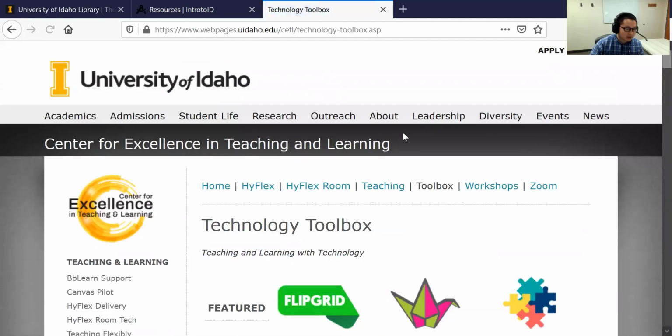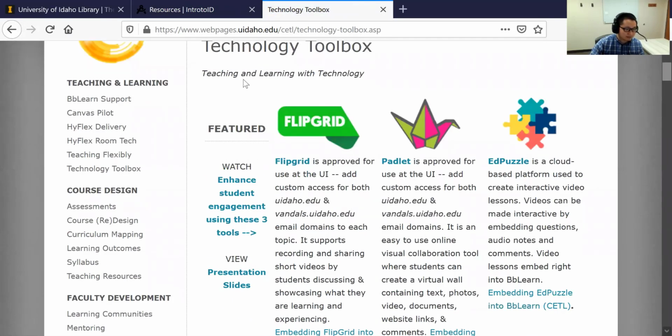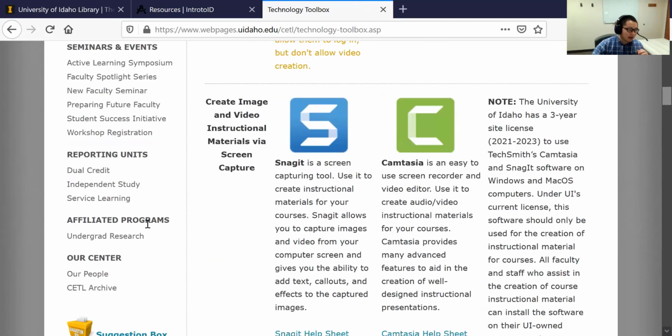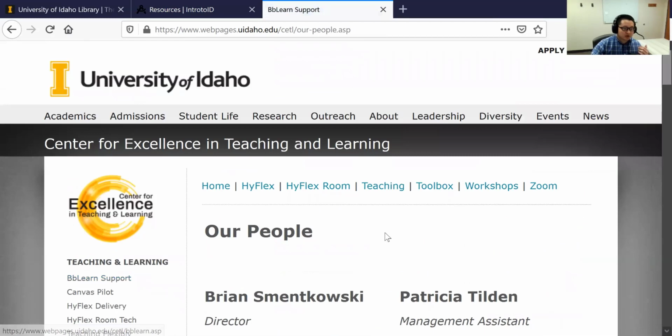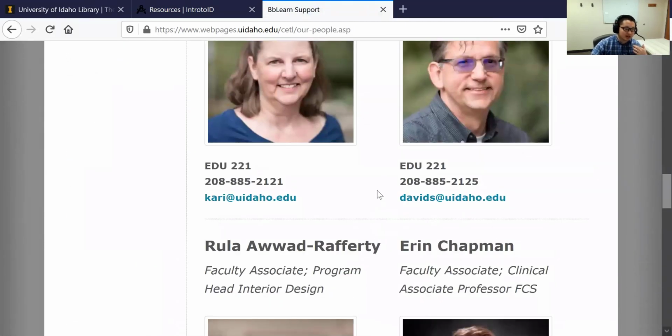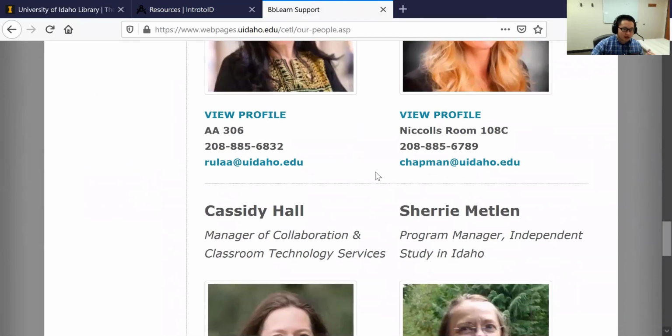Under toolboxes, they have other tools that you can use to incorporate in your instruction. They have resources related to course design, faculty development, and so on. And they have several instructional designers on site. So if you have any questions about online teaching and learning, feel free to ask those folks.